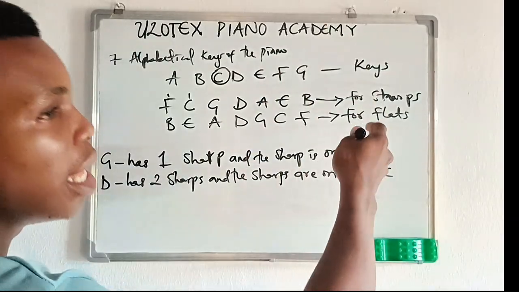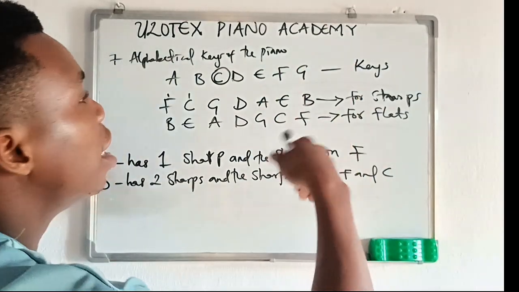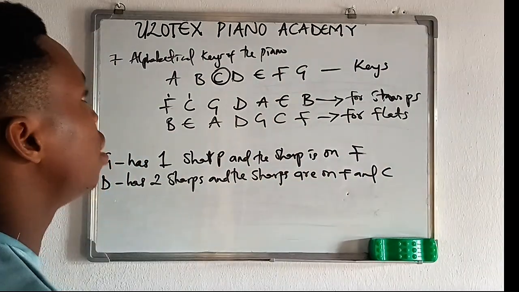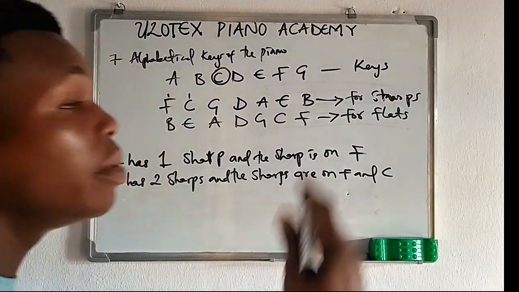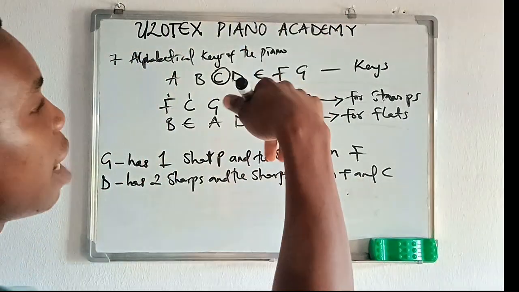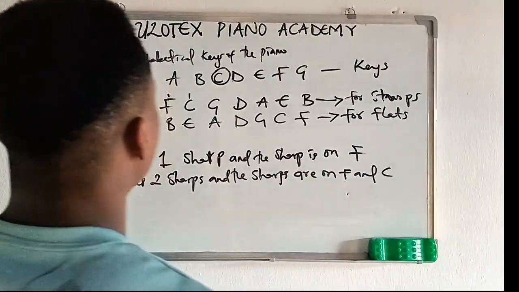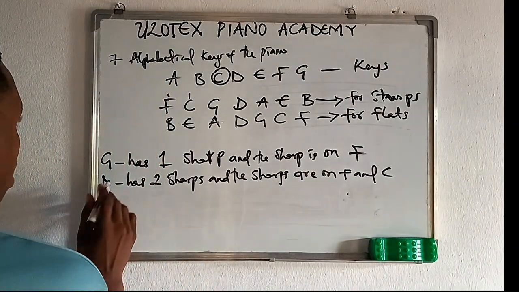Play F sharp as Mi. Then we play Fa as G. Play So as A. Play La as B. Then when we get to C, we sharp it again to play Ti. So that is for key D.